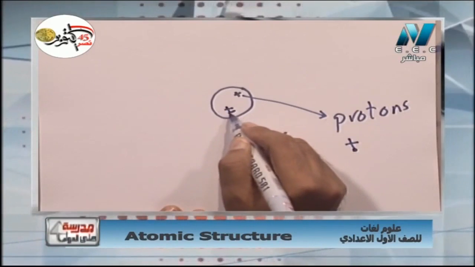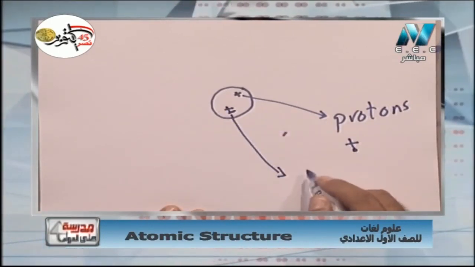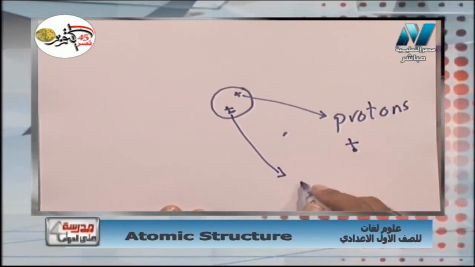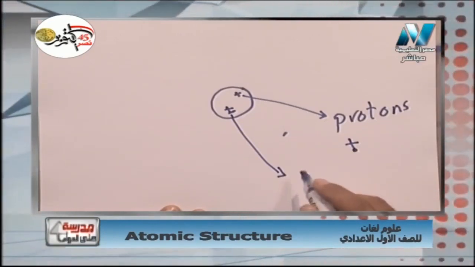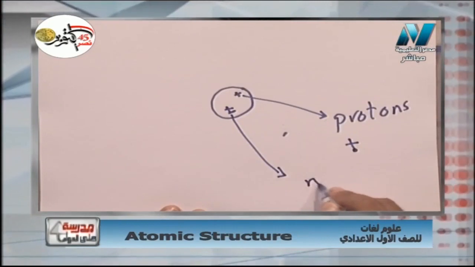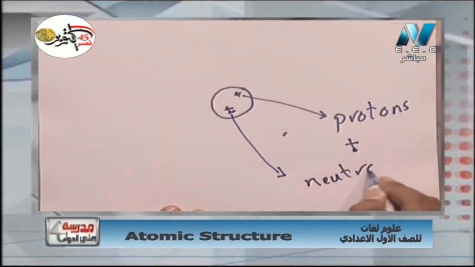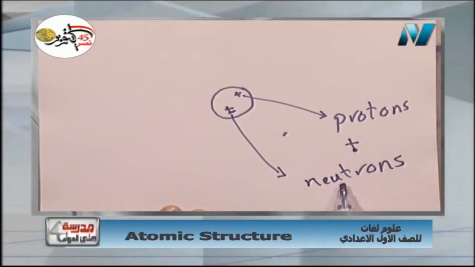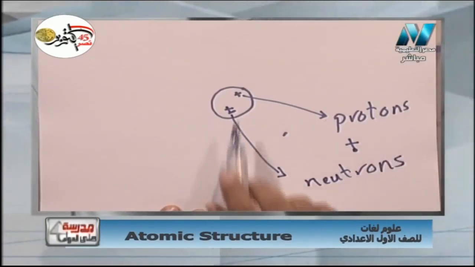Another particle has no charge; it is neutral, so it's called a neutron. So protons and neutrons exist in the nucleus.